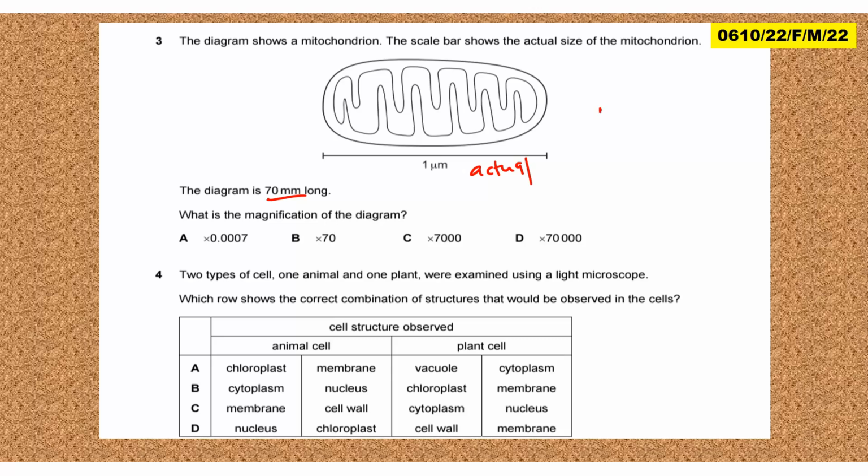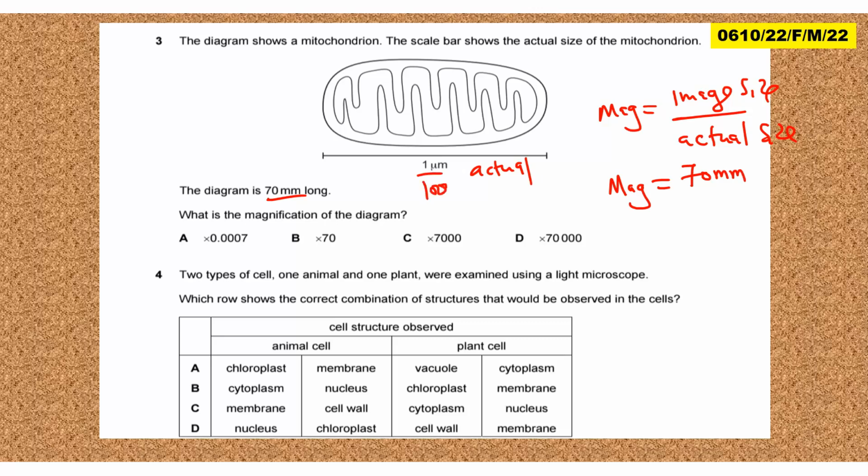What is magnification? So magnification here is equal to image size divided by actual size. Now look at this. What is the actual size? The actual size, they are told, is 1 micrometer. So magnification is going to be, image size is 70 millimeter, the actual is 1 micrometer, so divide by 1000, and we are going to have 0.001.